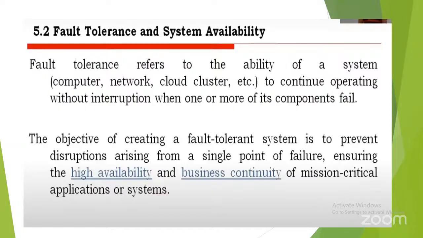This is an exact definition. Fault tolerance refers to the ability of a system, that system may be a computer, network, or cluster, to continue operating, to continue your activity without interruption when one or more of its components fail. We are working with different components over here. Your intention is to listen to a class, my intention is to deliver a lecture.